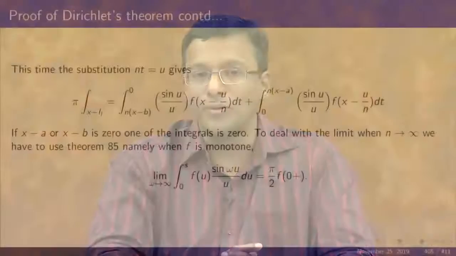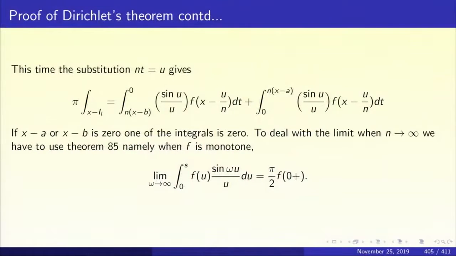Again I am going to put nt equal to u, and the integrals become the integral from n times x minus b to 0 of sin u by u into f of x minus u upon n du plus the integral from 0 to n times x minus a of sin u by u f of x minus u upon n du.